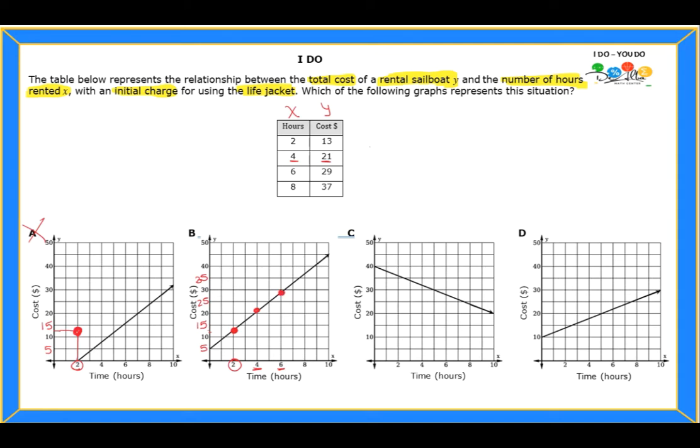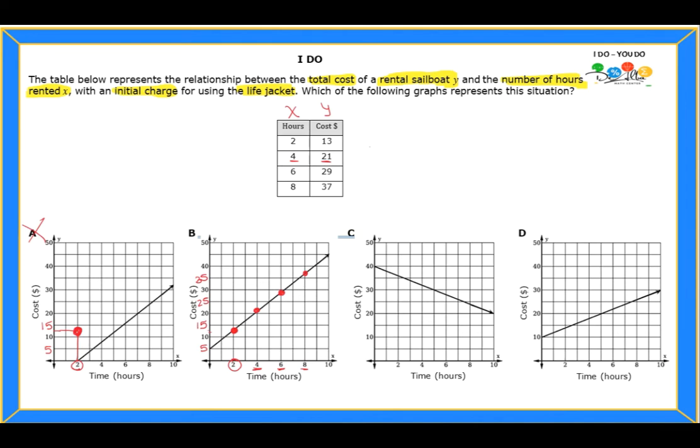So they look pretty close, right? And then the last one is 8 and 37, which is less than 40. So letter B looks very close to my answers, right? I know it's kind of hard to decide when the numbers are not exactly on the lines, but that's the best we can do. Let's check on letter C.